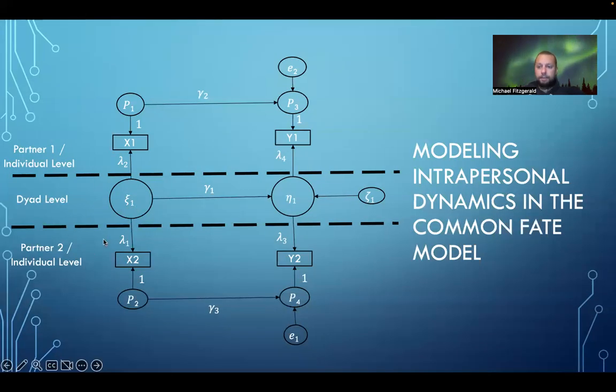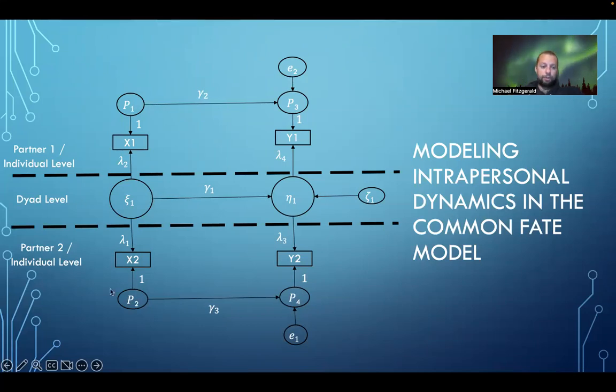And that is because of how the common fate model is modeling non-independence: through shared variation in the latent variables. So the residual covariances in the APIM and the variances within the common fate model are serving the exact same purpose. And so the interdependent nature of husbands and wives in this example is already captured.